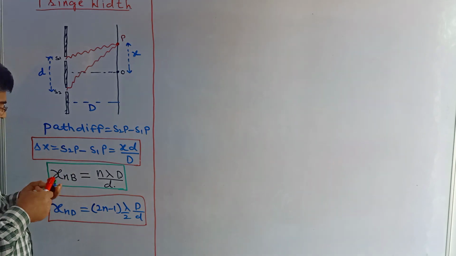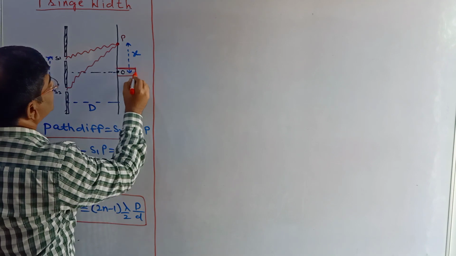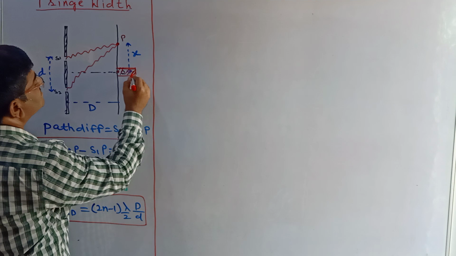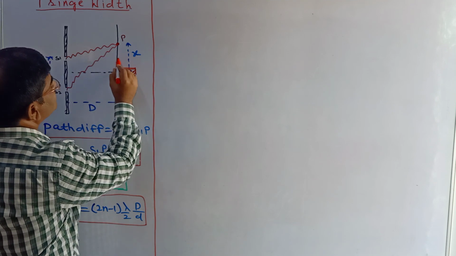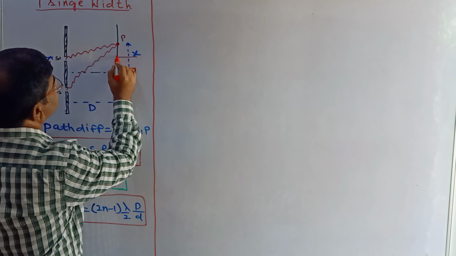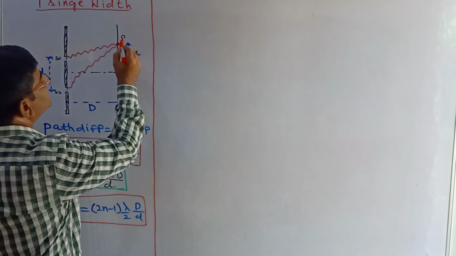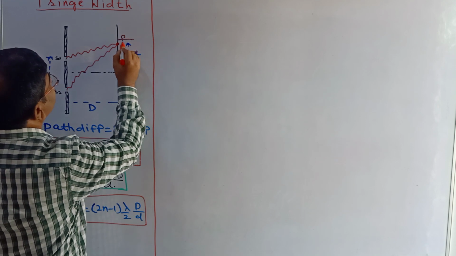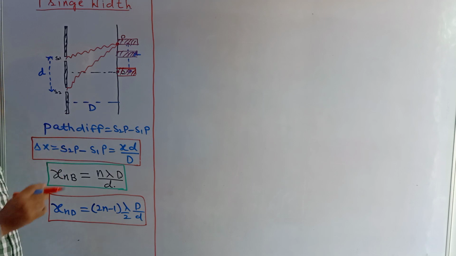I get the pattern of this kind, like this has a bright band, particular color, then I will have a dark, again a bright, then I will have dark, again a bright. So this kind of fringes I am getting.